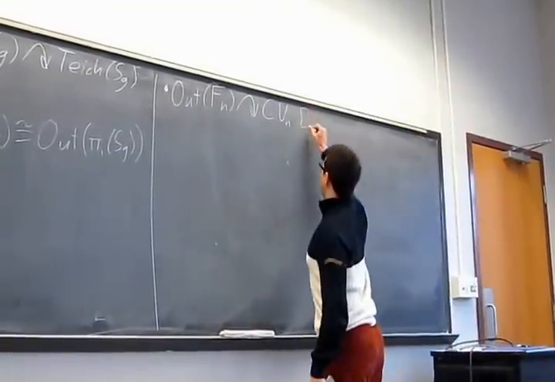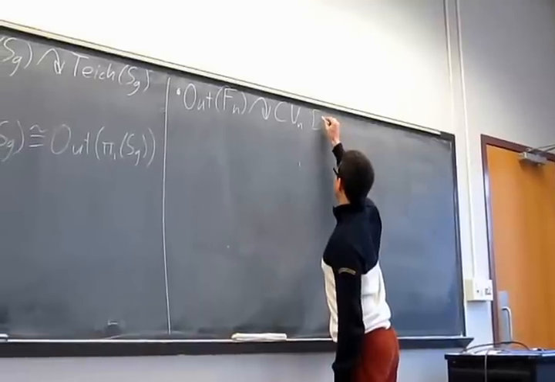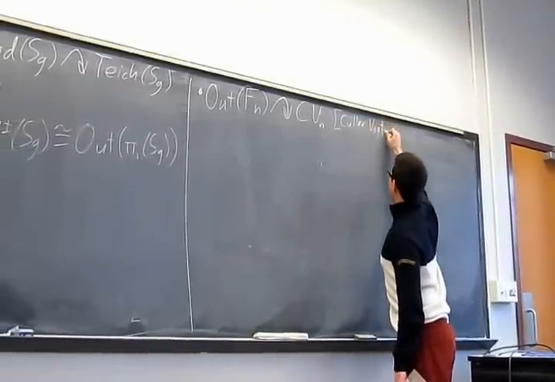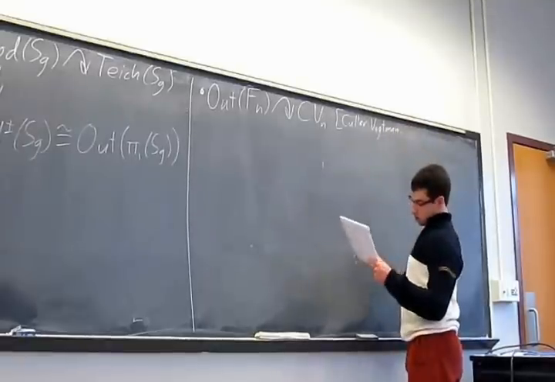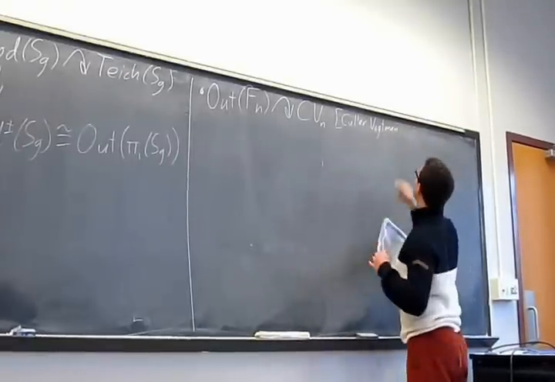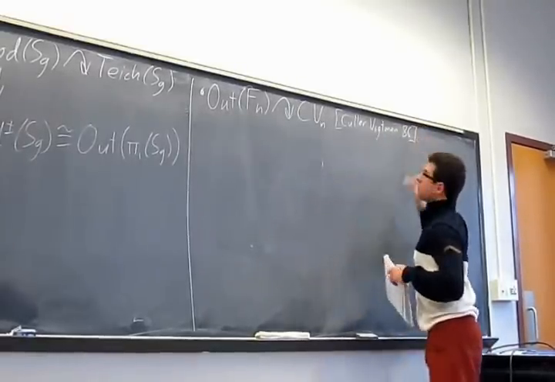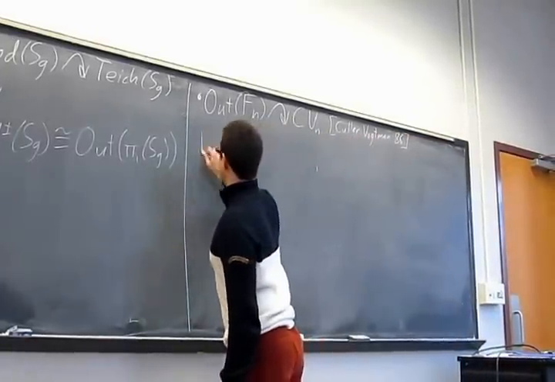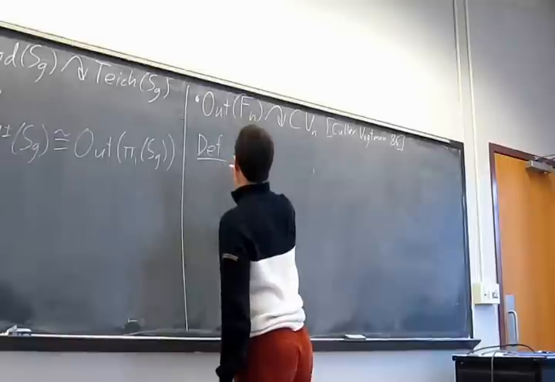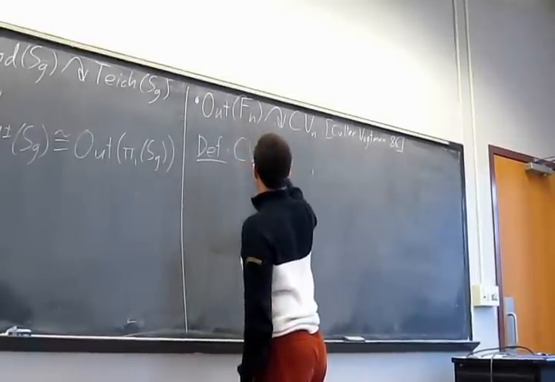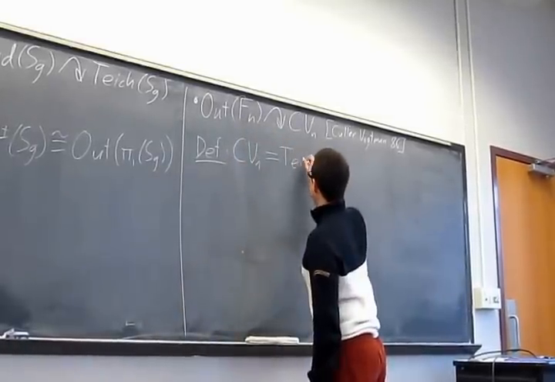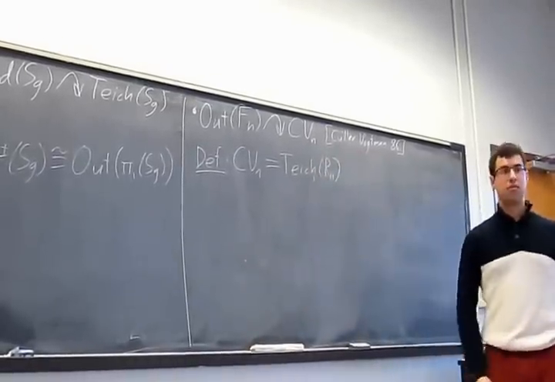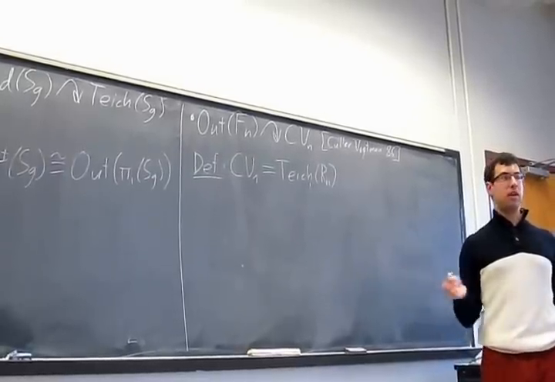Pretty much everything from here is from a paper by Culler and Vogtmann from '86. What Culler-Vogtmann outer space is, to really simplify it a bit, is just the Teichmüller space of the rose with n petals, or the wedge of n circles, whichever way you feel like defining it this week.